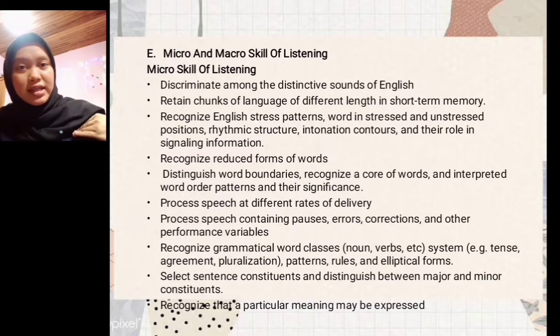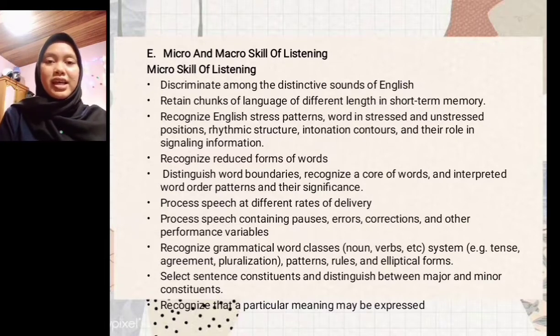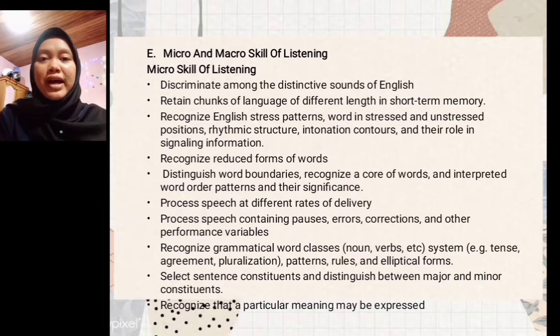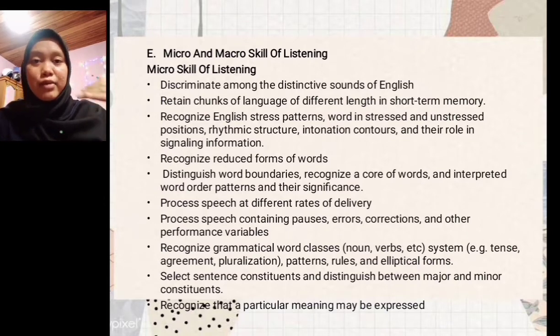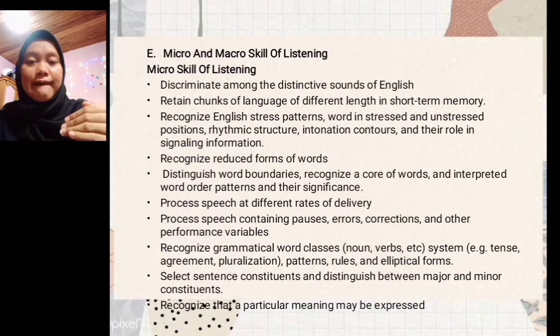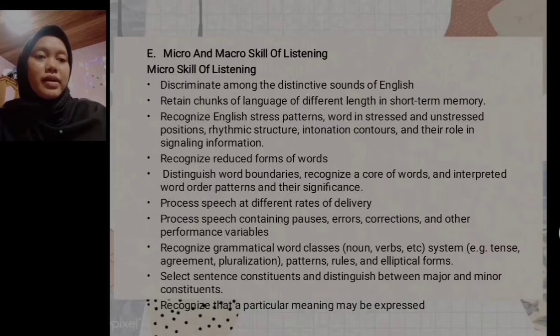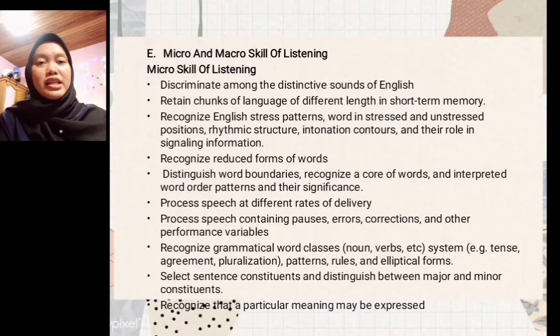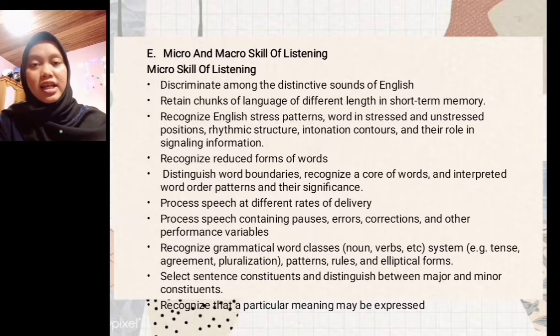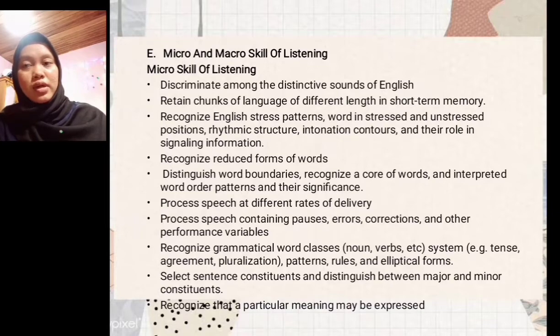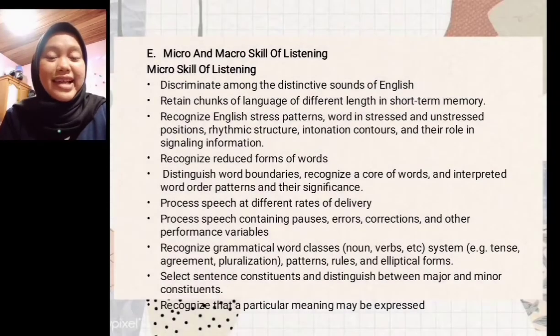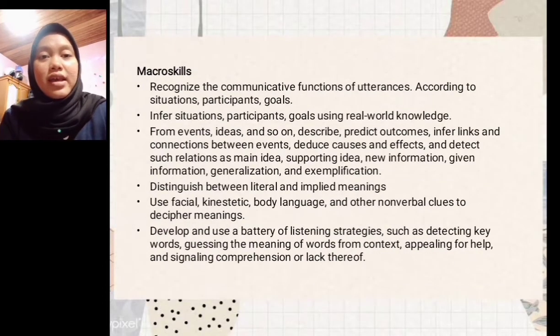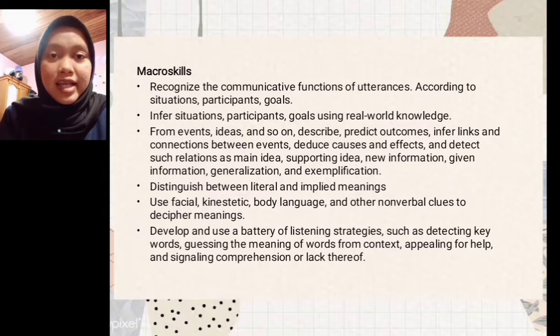Jadi contohnya itu saat kita mendengarkan listening itu, kita hanya berfokus untuk memahami makna dari listening tersebut, kita hanya berfokus pada hal-hal yang mendasari terdirinya dari tape tersebut atau rekamannya gitu.